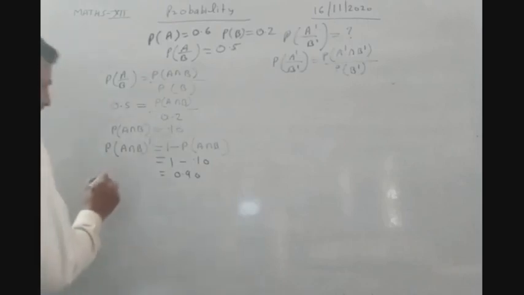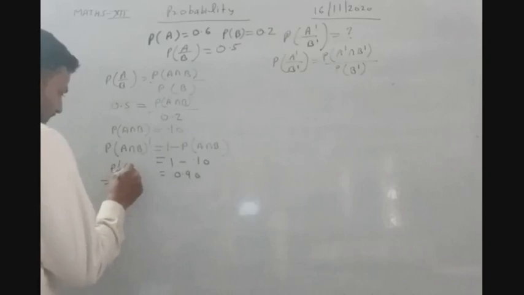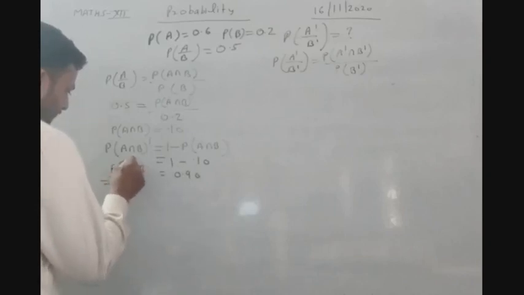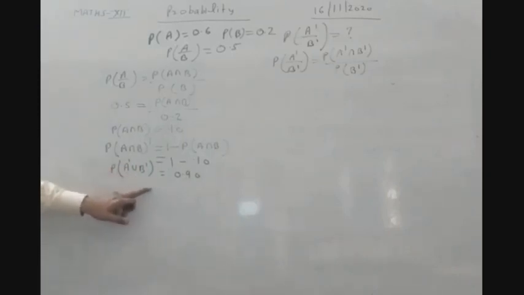Either we can write this as probability of A intersection B dash, or we can write probability of A dash union B dash. Probability of A dash union B dash is equal to 0.9.